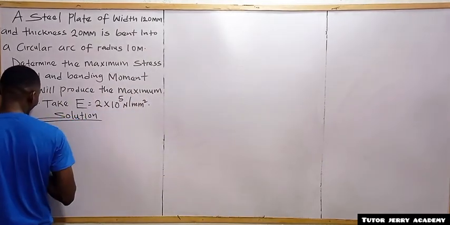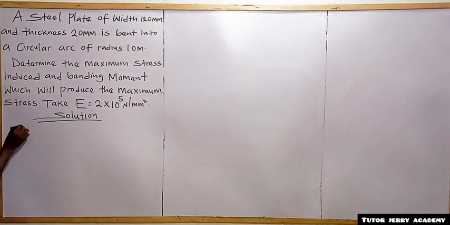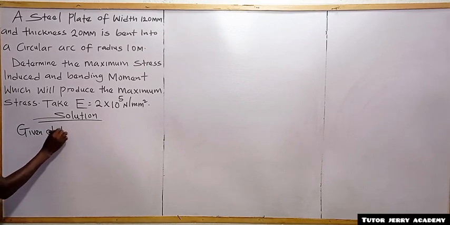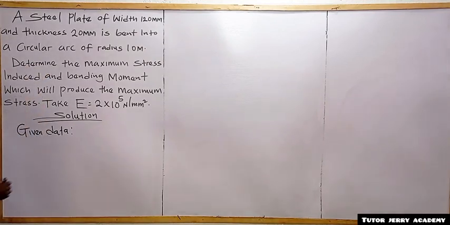So we'll be starting with the given data. The given data here, we have the base, which is also known as the width, B is equals to 120 mm.